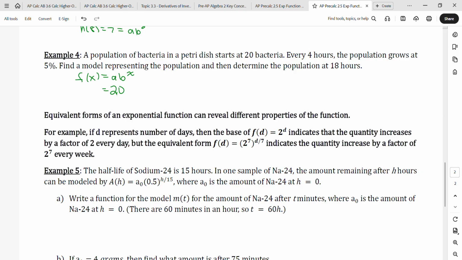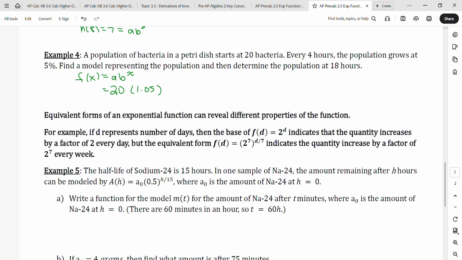Yes. 1.05. So we take that 5%, make it the decimal, and we add the 1 because it says growth. It's growing at 5%. If it said decaying at 5%, we would do 1 minus 5%. That's like what happens when we do things that are on sale.